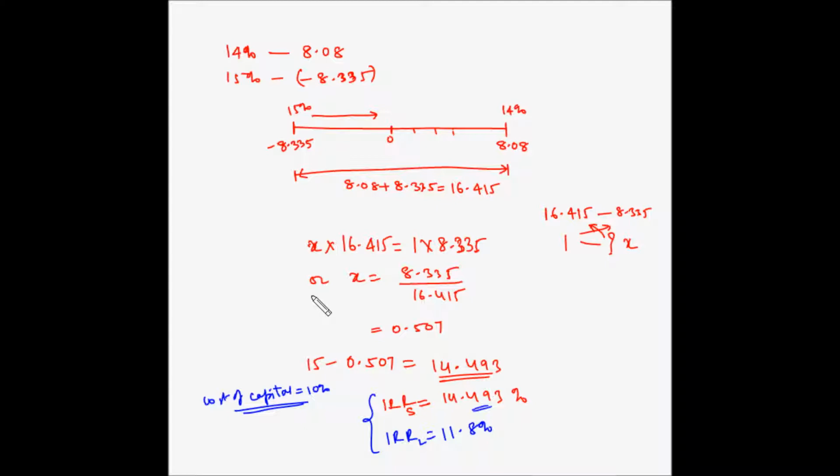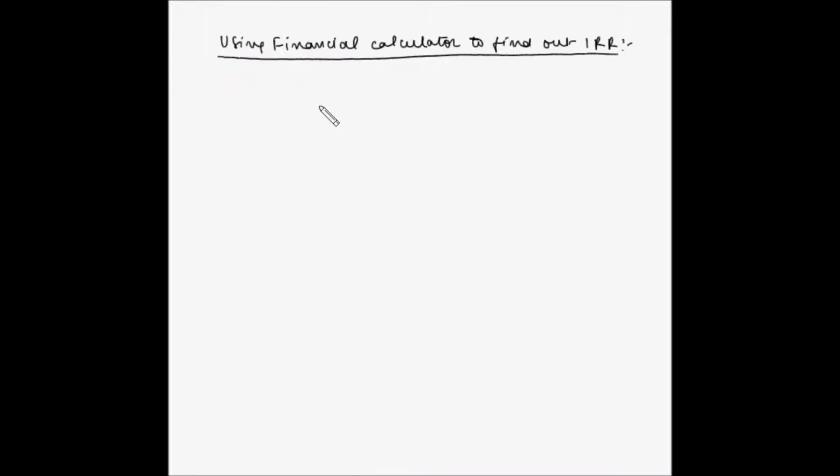Now the same calculation can also be done using a financial calculator. So let's see how we can use a financial calculator to find out internal rate of return. Now the method to use the financial calculator to find out the IRR is similar to the way we use the financial calculator to find out the NPV or the net present value.